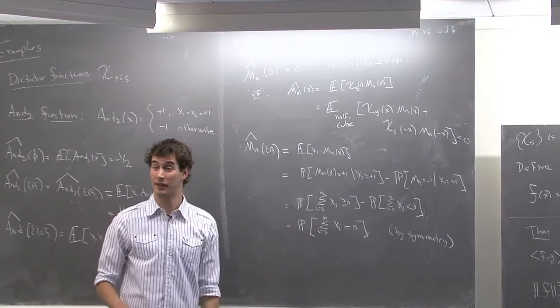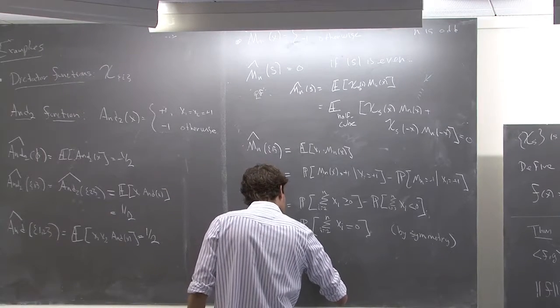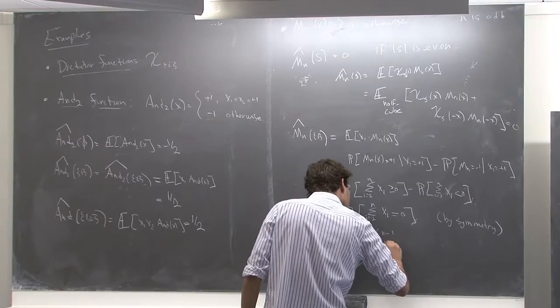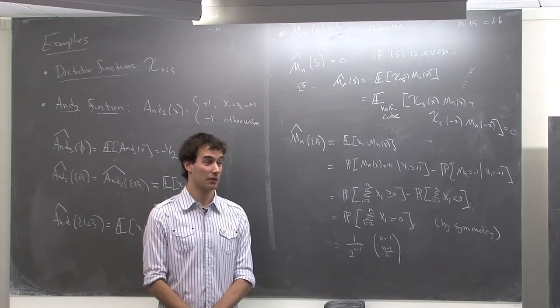This we know how to compute, right? This is just the classic binomial coefficient problem. We need to have as many pluses and minuses, and this is the probability of the event.